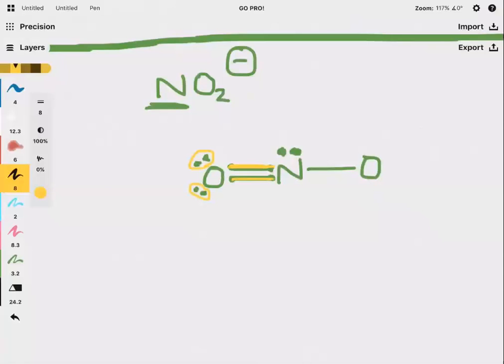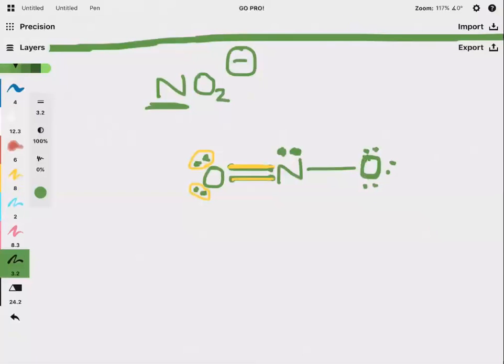So the left-sided oxygen fulfills its octet rule. What about the right side? Well, if we fill in its lone pairs, the one on the right is going to have 3 lone pairs, probably. Let's see if that hunch is right.